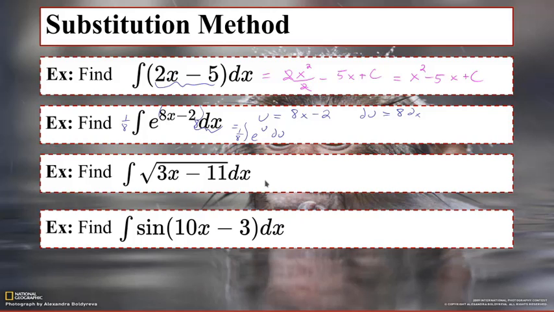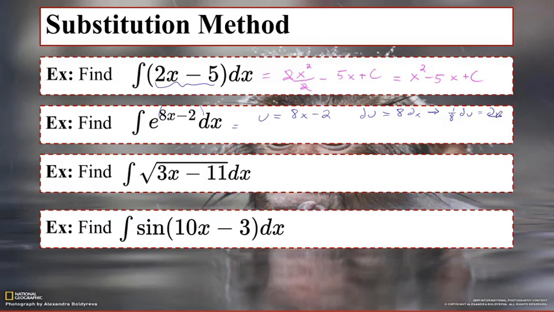Let me give you another way to think about that constant. This is the way a lot of people prefer. I could divide both sides by 8. So that leaves me with 1/8 du equals dx.